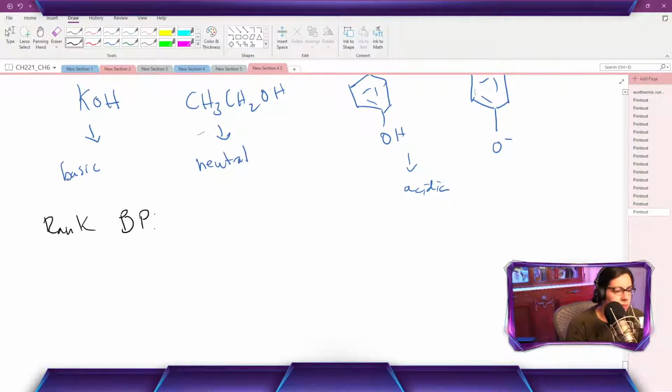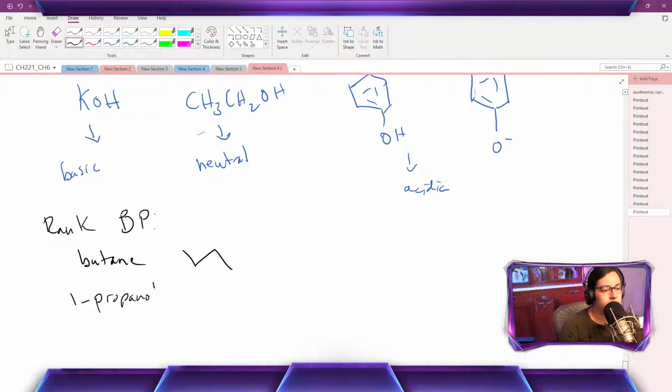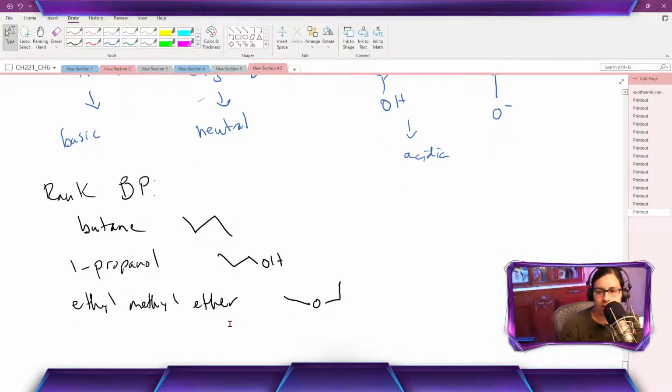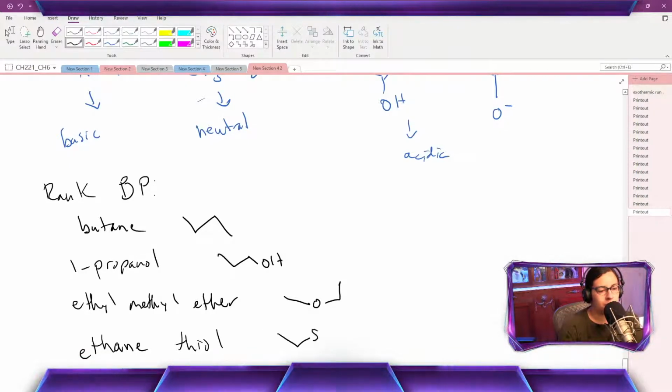So we have pentane, butane, 1-propanol, ethyl methyl ether, and then our last one, ethane thiol. So now we're trying to order these.